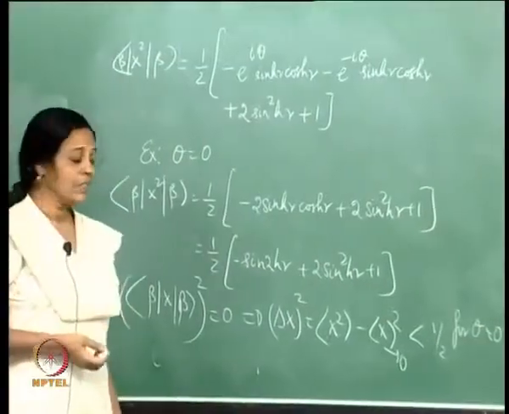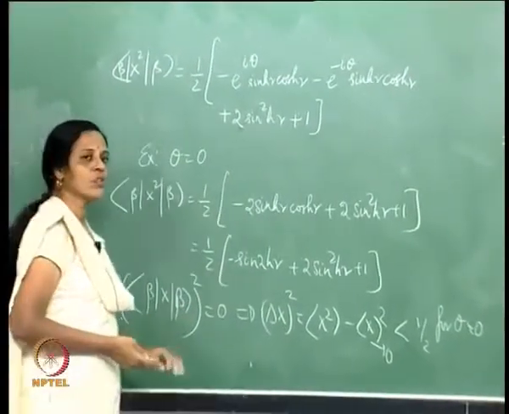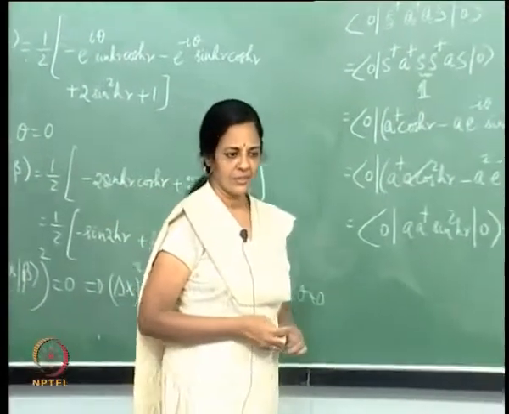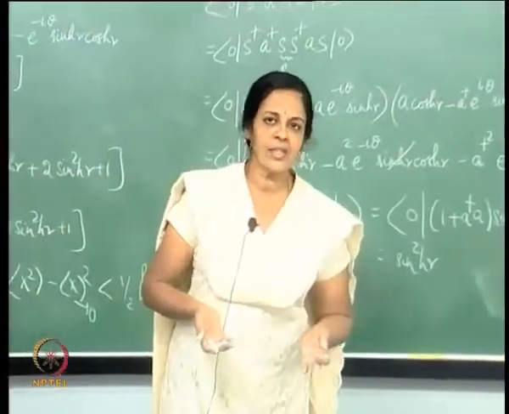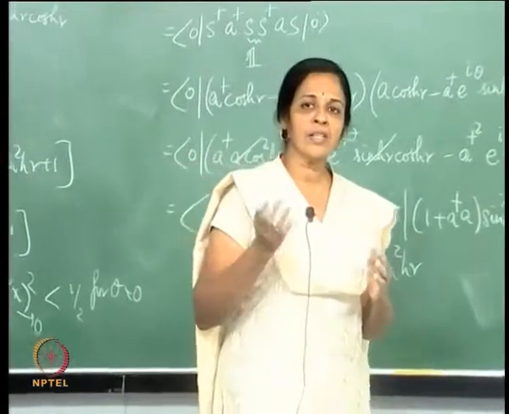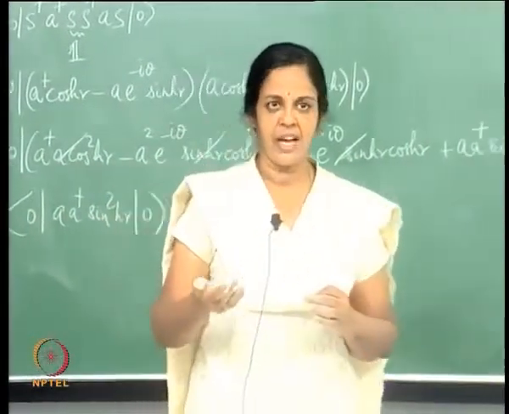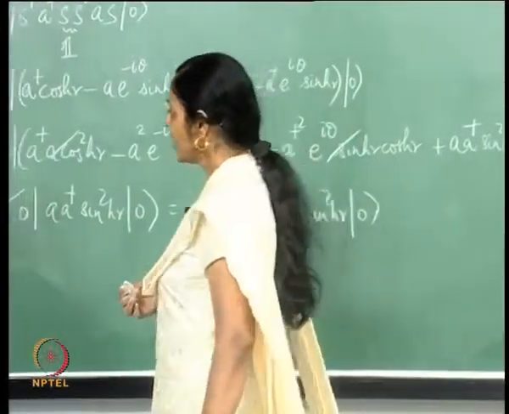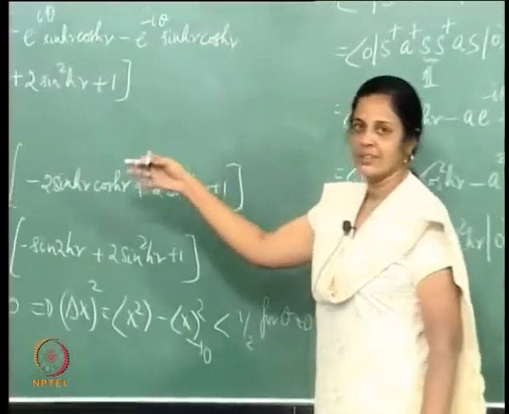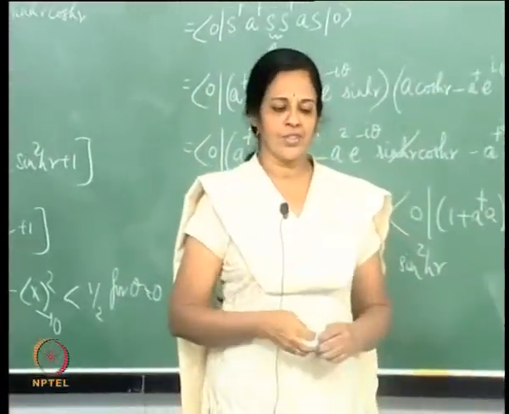So, for this value of θ at least, we have seen that there is squeezing in the x quadrature. We can calculate Δp, where p is (A − A†)/(√2 i) as defined in an earlier lecture. And you will find that for θ equal to π, there is squeezing in the p quadrature.